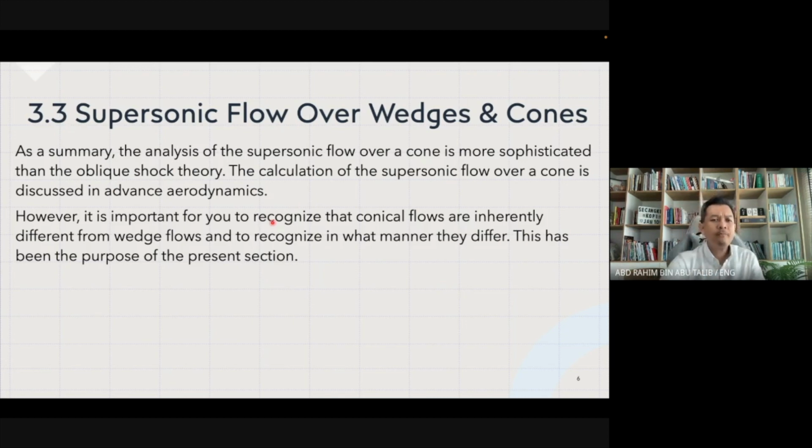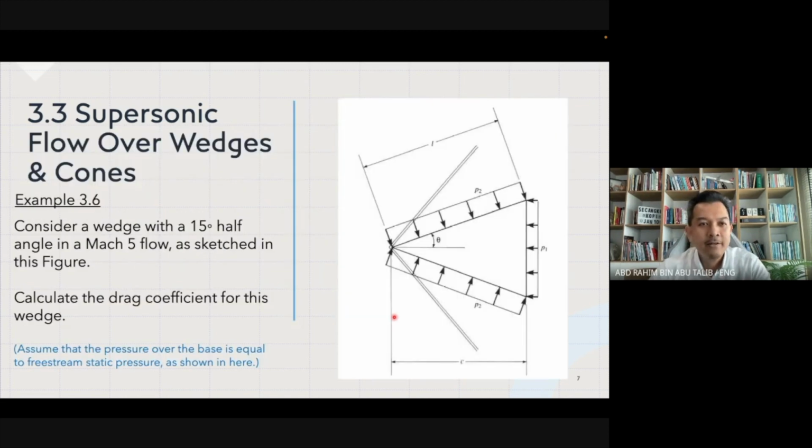However, it is important for you to recognize that conical flows are inherently different from wedge flows and in what manner they differ. This has been the purpose of the present section, to look into supersonic flow over wedges and cones.